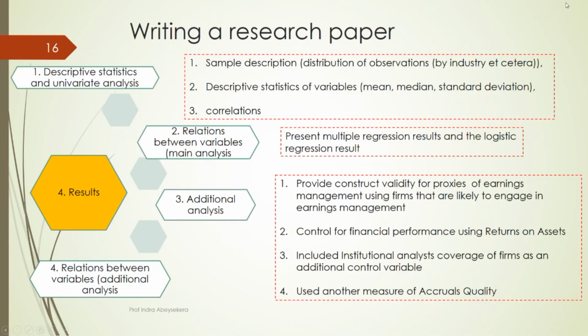So the results were, in the results, it first described the analyzed data, the sample description, then the descriptive statistics. Sample description showed the distribution of observations by industry, and then provided the descriptive statistics of variables using the central tendencies, mean, median, and then the variance, which is the standard deviation.